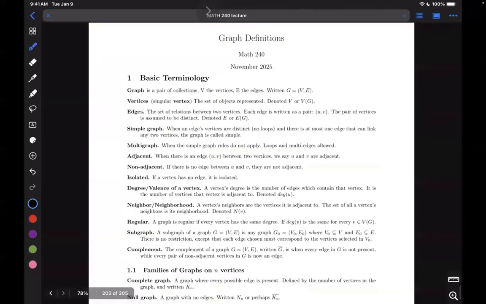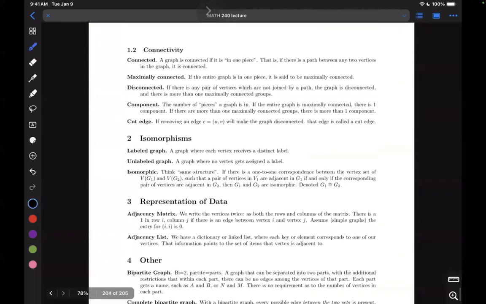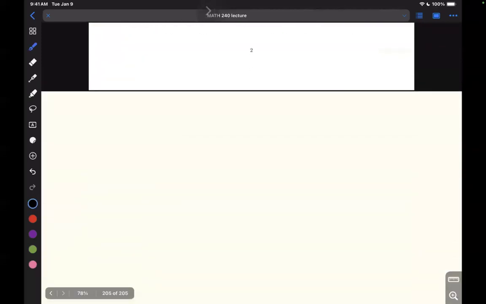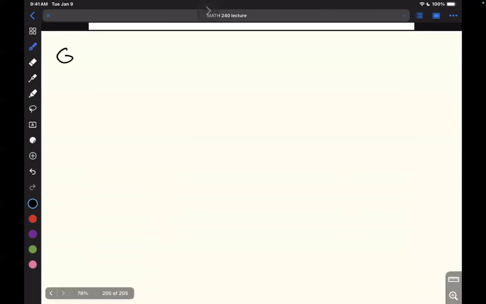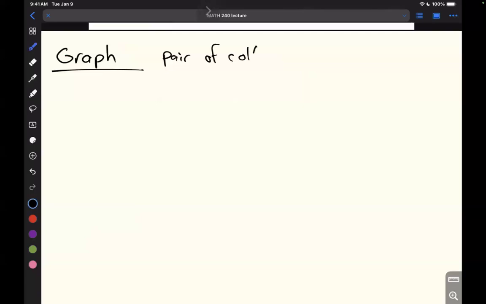Okay, so let's talk about our definitions. I'm going to scroll past that and maybe come back to it. So we are talking about graphs. A graph is a pair of collections. Two collections, one of which is the objects, which we call the vertices.